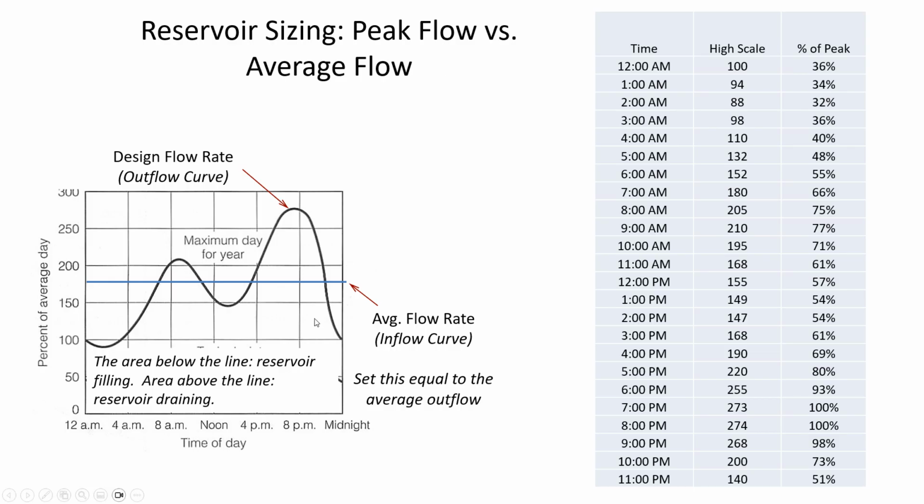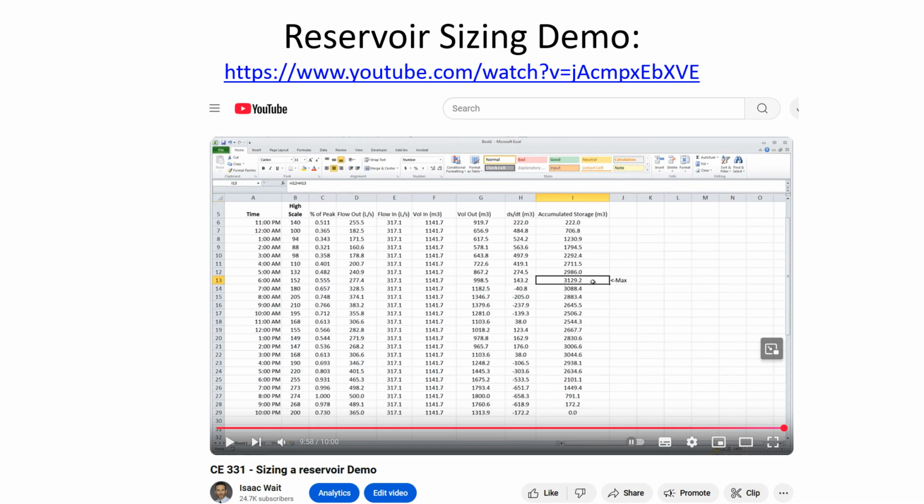So if you look, it's not midnight that the reservoir starts to fill. The reservoir starts to fill before midnight. So just maybe put a little note to yourself that when you are doing your reservoir sizing, you need to reorder the data so that the first hour is that hour when the reservoir begins to fill.